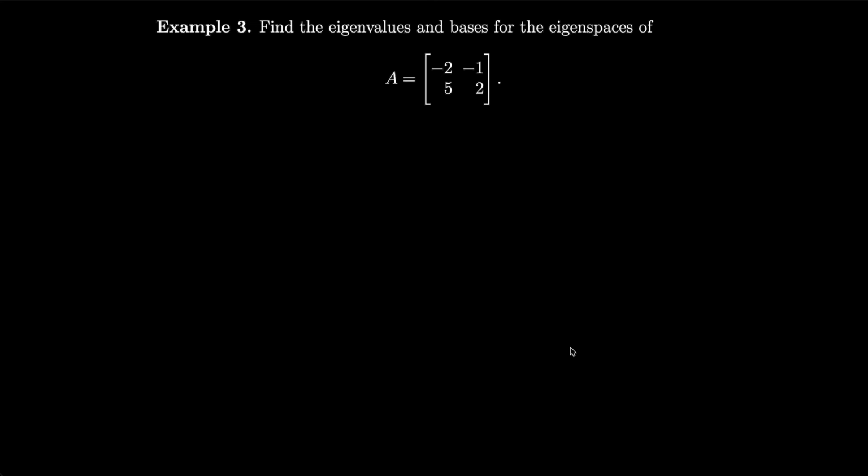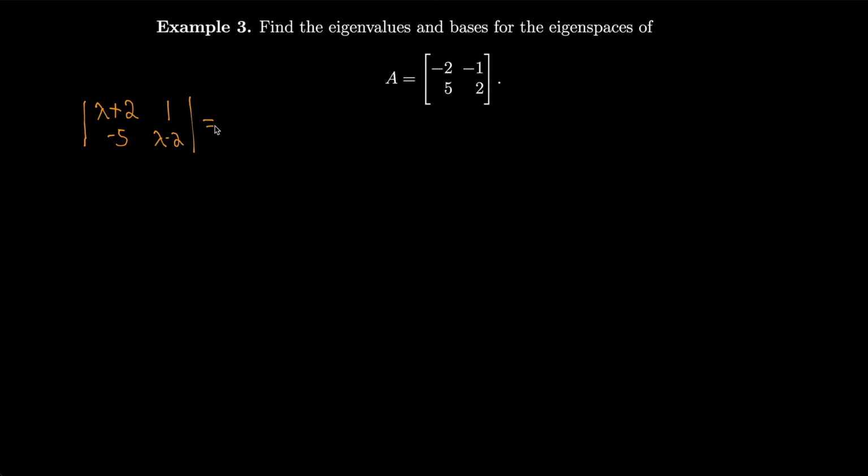So first of all, let's find the eigenvalues. We'll look at the determinant of lambda I minus A. So that means that we're looking at lambda plus 2, because lambda minus minus 2 is lambda plus 2, and then minus minus 1 is plus 1, minus 5, and then lambda minus 2.